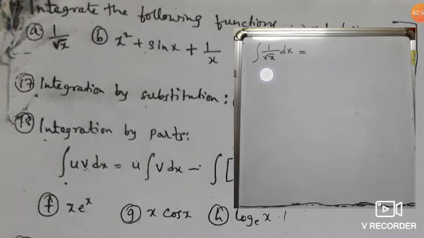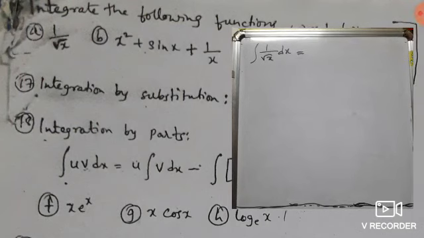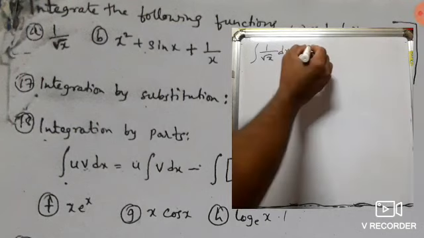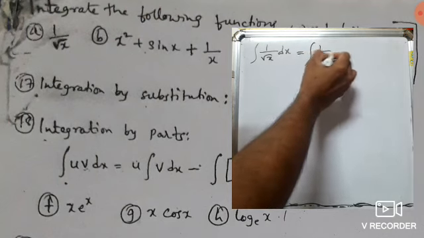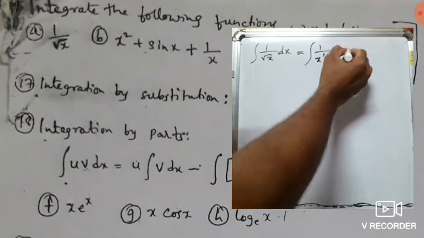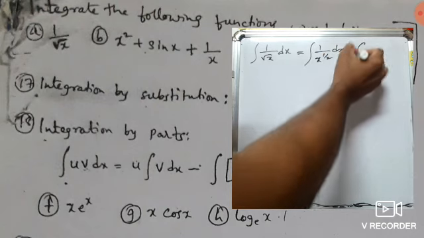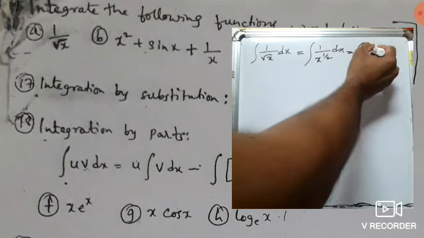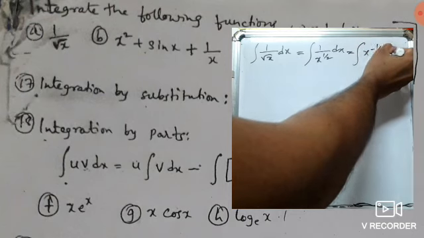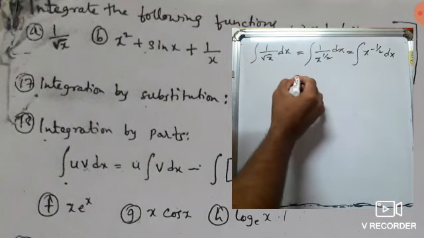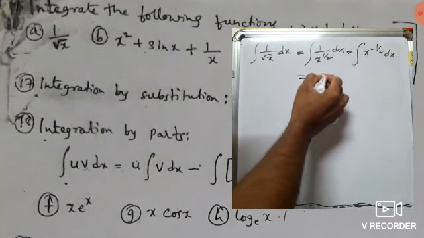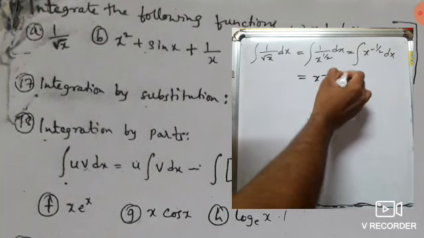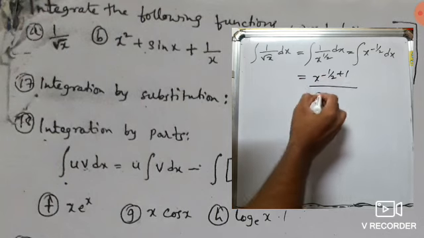Integration of 1 by root x dx. How to solve this? Actually 1 by root x means x to the power minus half dx, as the half becomes minus half when it goes up. Now for x to the power n dx, what is the formula? It is x to the power n plus 1 by n plus 1.